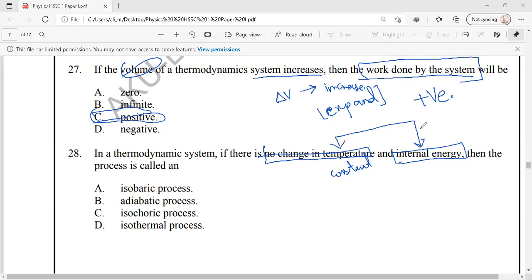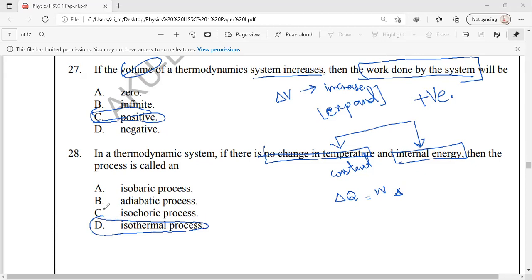So if there is no change in temperature, there will be no change in the internal energy of the system, which means that the total amount of heat absorbed by the system will be utilized in doing work. Then this process is known as an isothermal process.